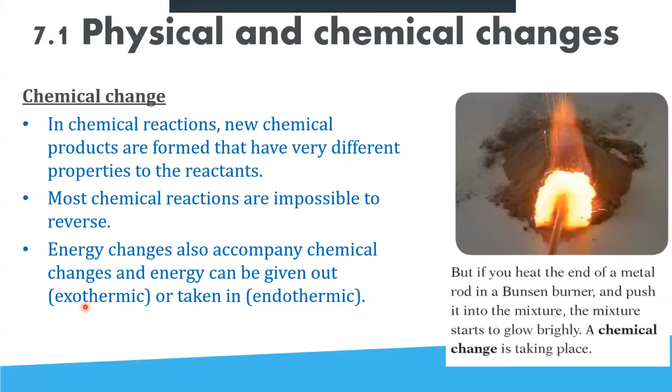So exothermic means heat is released to the surrounding. Endothermic means heat is taken in from the surrounding. So in exothermic reaction, you will feel the reaction hot because energy is released into your hand. But in endothermic reaction, you will feel the test tube cold because energy is taken in from the surrounding.